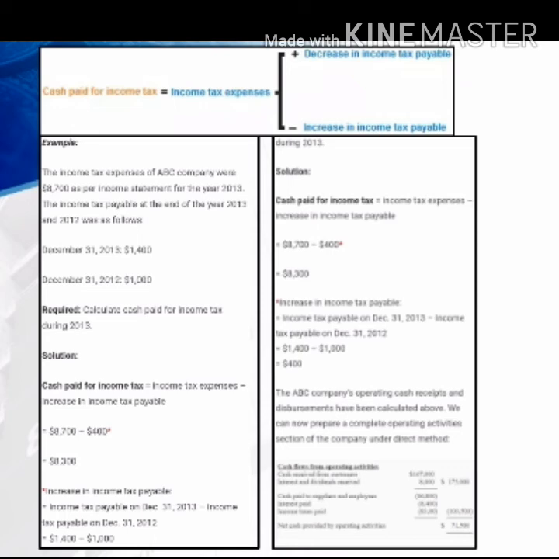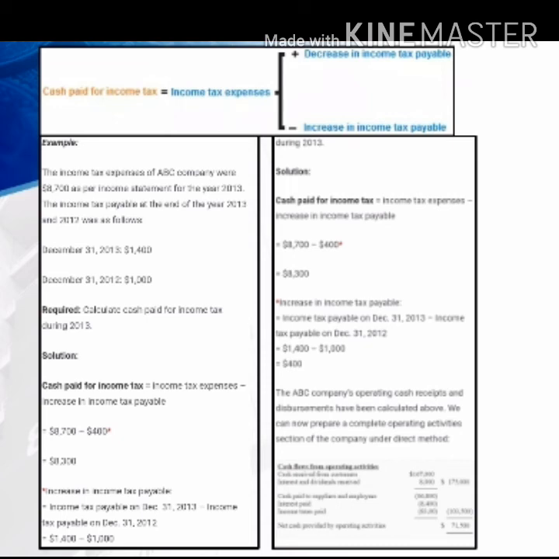So the income tax expenses of $8,700 minus the increase in income taxes payable. The income tax payable on December 31, 2013 minus the income tax payable on December 31, 2012: $1,400 minus $1,000 is equal to an increase in income tax payable of $400.